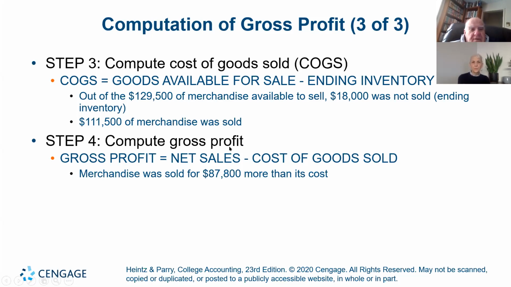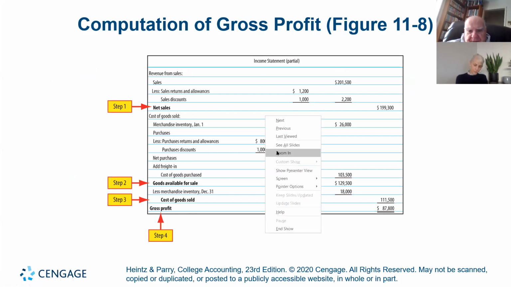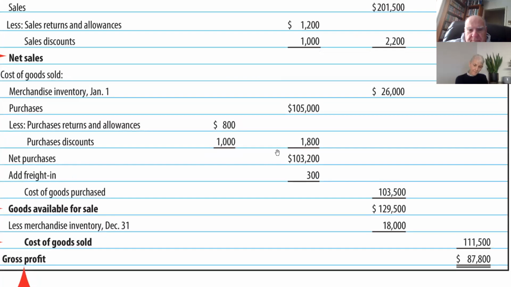Gross profit equals net sales minus cost of goods sold. So here's a bit of an elongated income statement, I believe. Wow, that's really big. Okay, sales. Here we go. It looks kind of daunting at first, doesn't it, Lori?